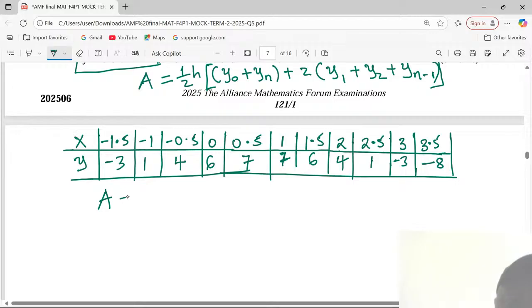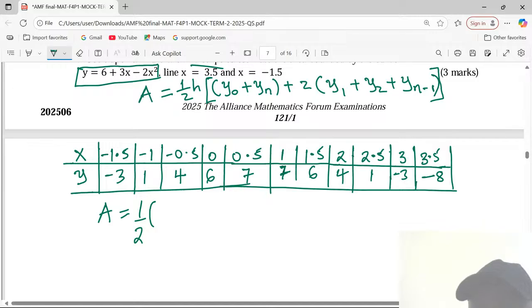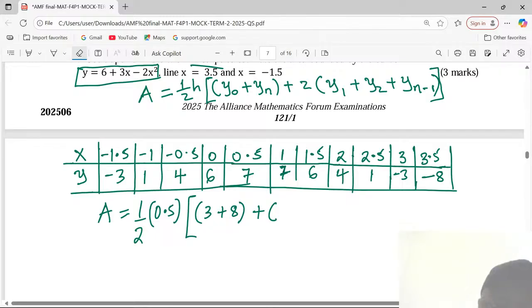So area shall be half multiplied by, what is the height? From one point to the other, we are using 0.5, ladies and gentlemen. Then now we open the bigger brackets. The first height is 3 and the last one is 8. So I have ignored all the signs. I'm picking absolute values. Then 2 multiplied by.